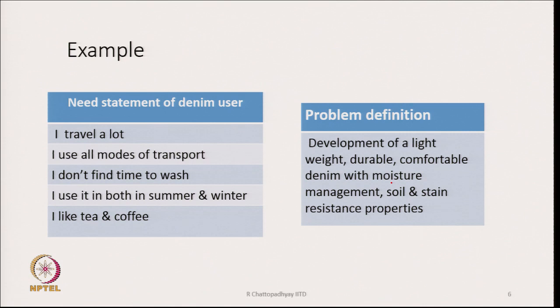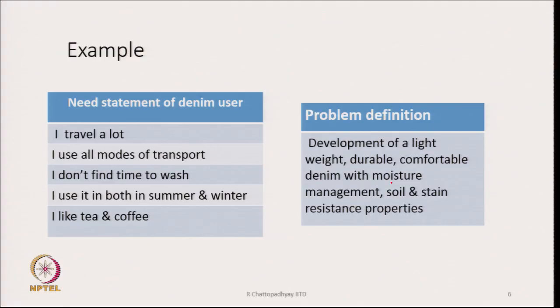Therefore, it is better to have soil and stain resistance, and at the same time, because he does not find time to wash, stain resistance and soil resistant properties are very desirable in such a product. So, that is how from the need statement one can define the problem, and then we can further go for classification of this general problem definition into sub problems also.